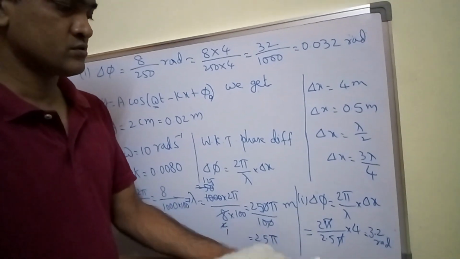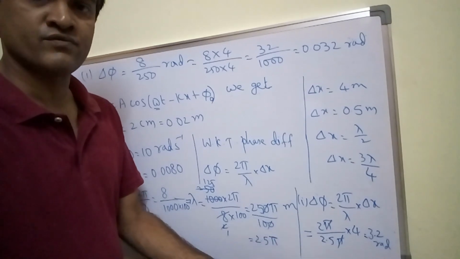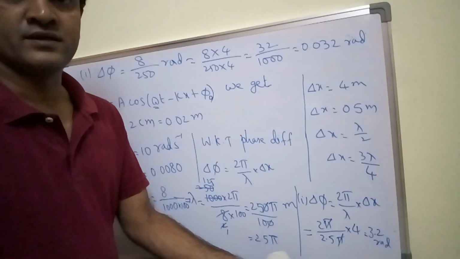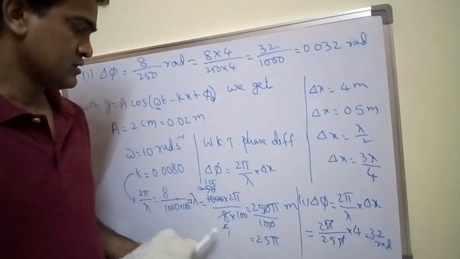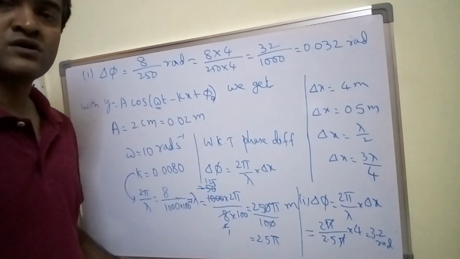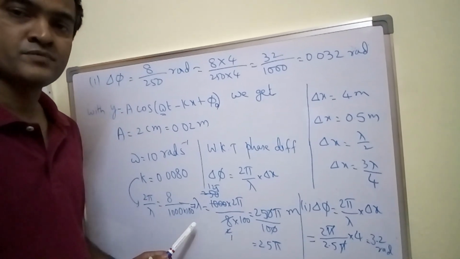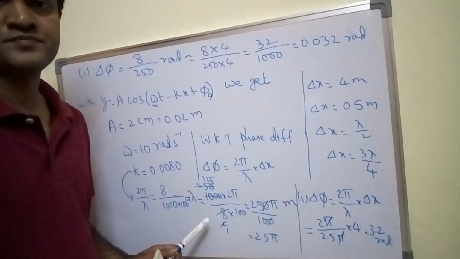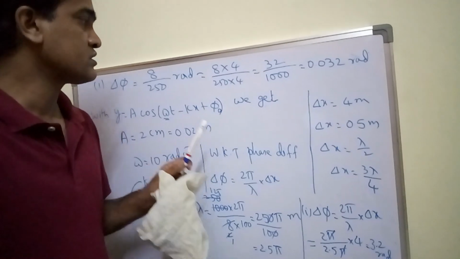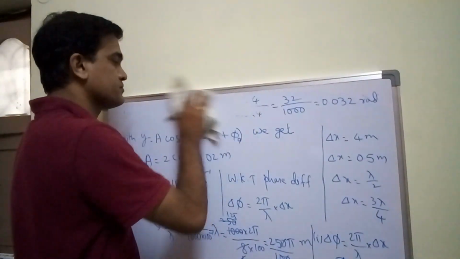So 2 pi by 2.5, finally what you got is 3.2 radian. I have just divided with 100 because the given values are all in centimeters. So that is the reason I have divided with 100 to convert that in meters. So this is the final answer, 3.2 radian. This is not required. I am erasing this portion.